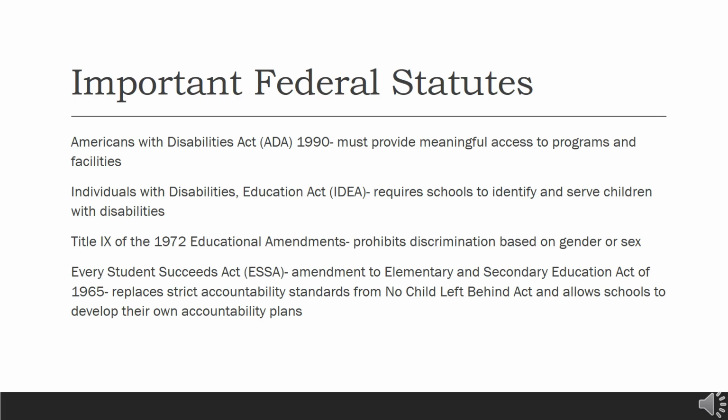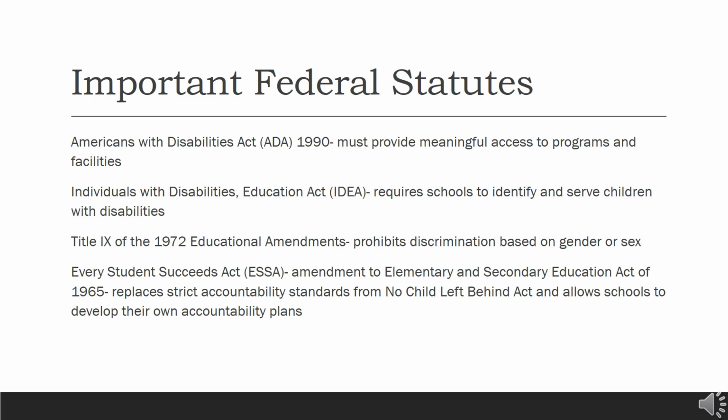Texas must also abide by the ADA, the Americans with Disabilities Act, and also IDEA, the Individuals with Disabilities Education Act. That's mostly a guidance for special education, along with Section 504. Title IX takes care of gender-based issues and discrimination, whether it's in employment, organizations, or athletics.